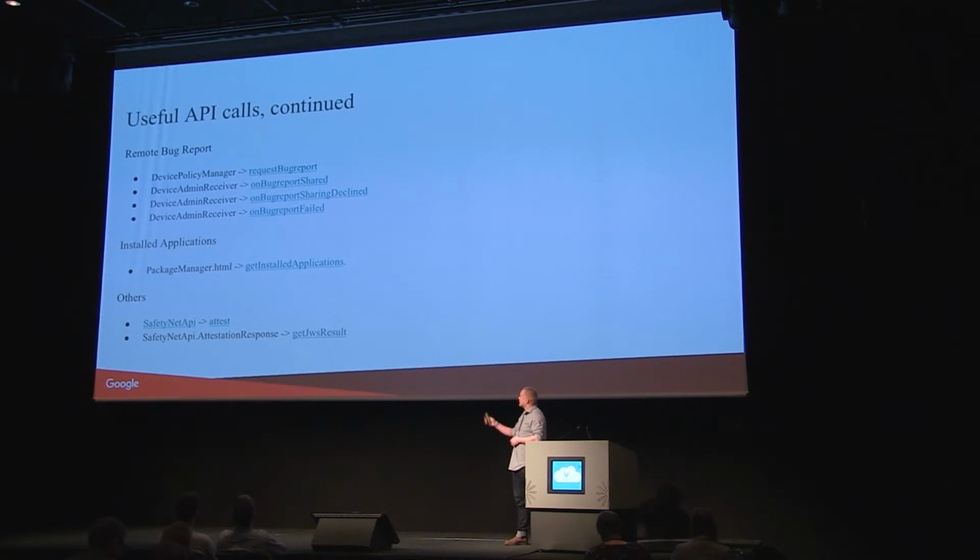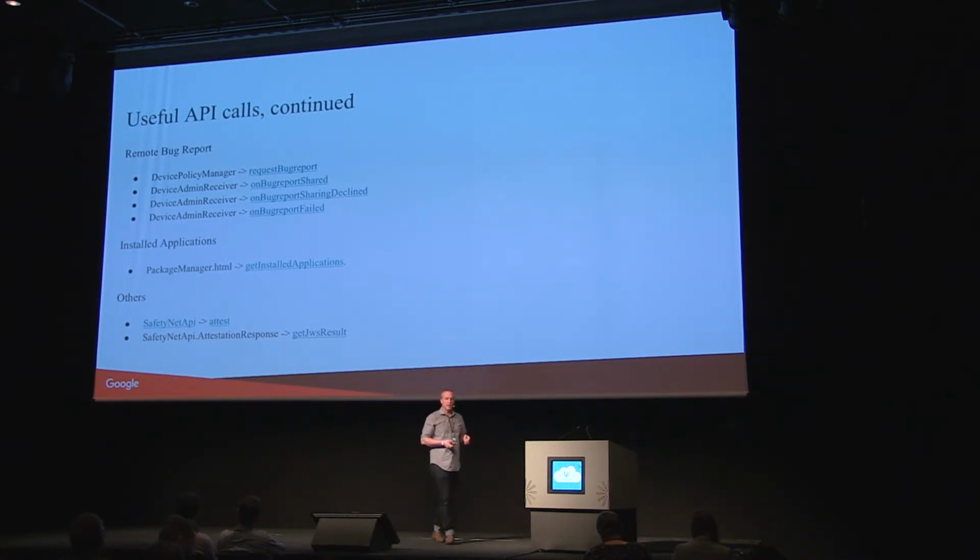So another one is the remote bug report. How do you request it? As I said before, it's very important to collect a bug report almost instantaneously. The thing is that the logcat buffer on an average Android phone typically lasts about 2 hours.